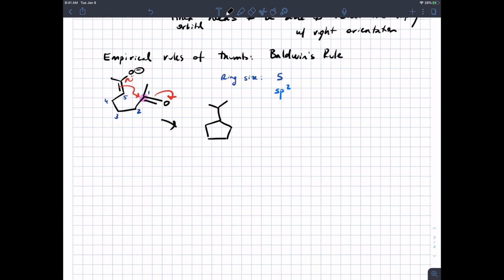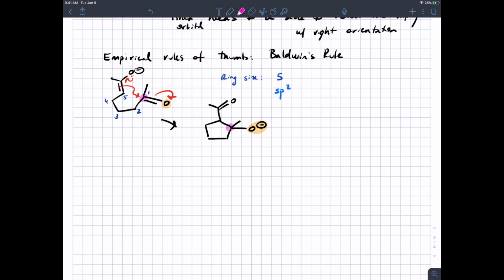However, the other atom in the bond that was attacked ends up outside of the ring. Okay, so actually let me just highlight that atom in, say, orange.